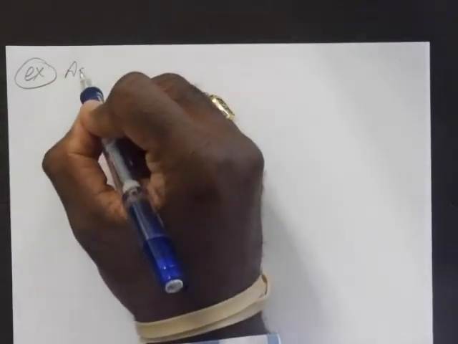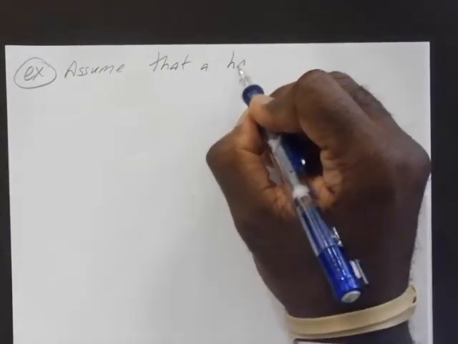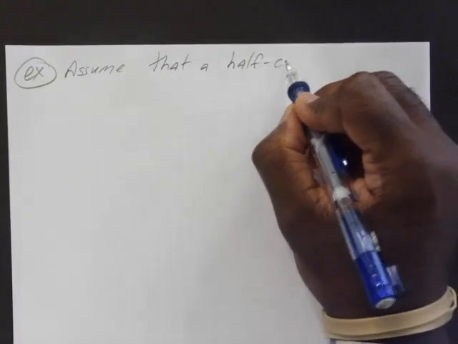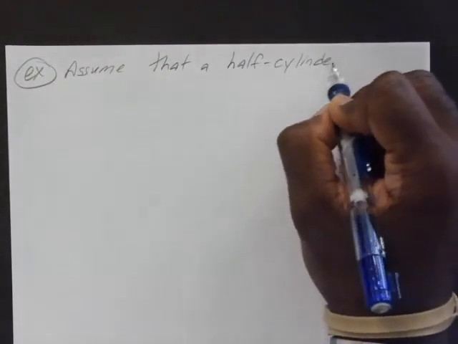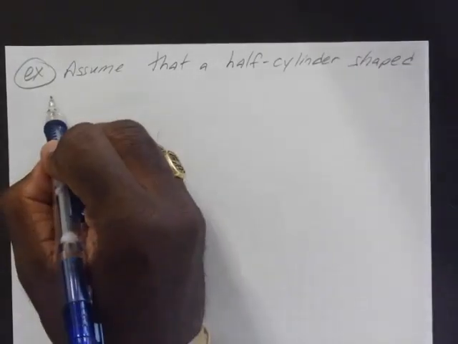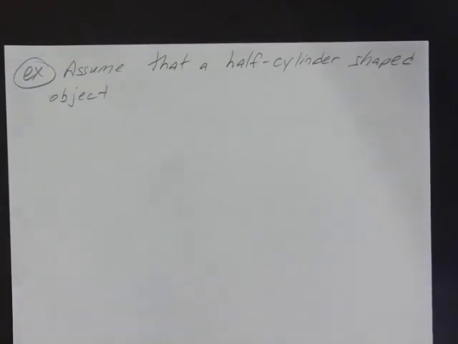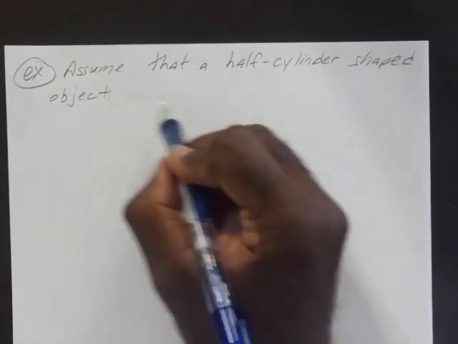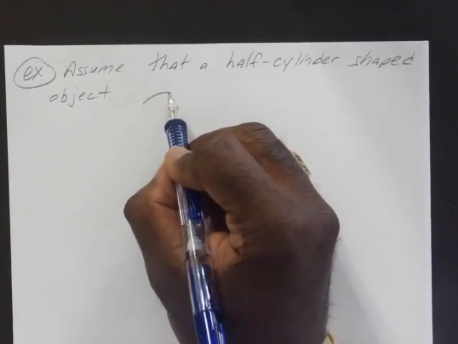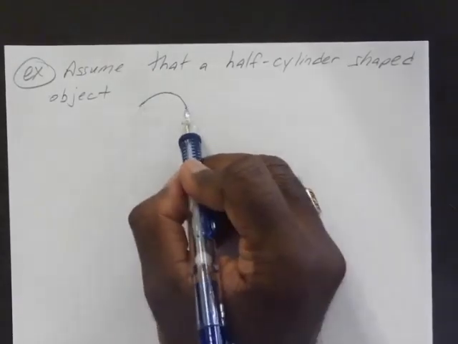Okay, so what if we assume a half cylinder shaped object, and let's say that object looks like this, where you have a half cylinder.